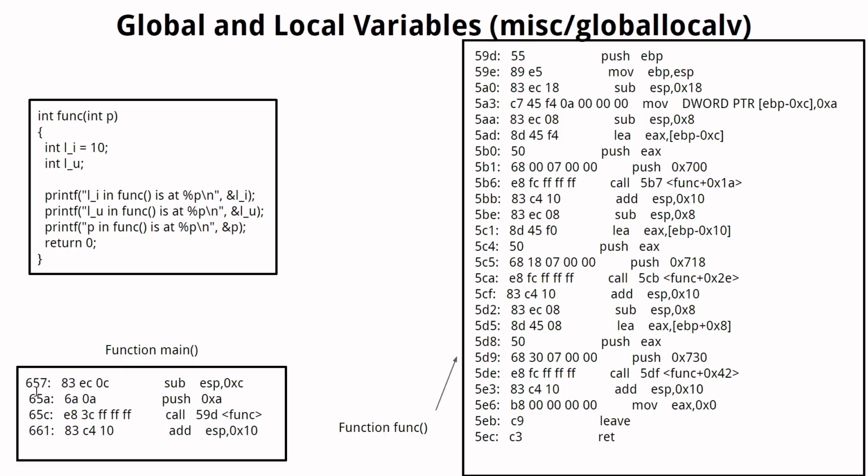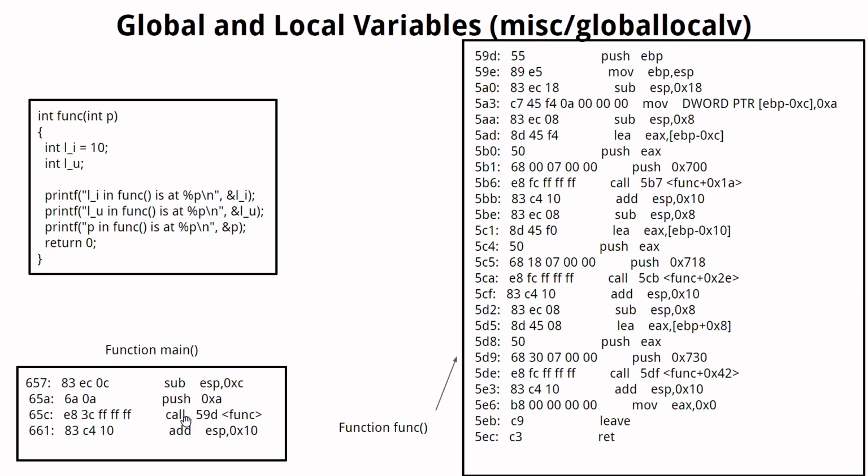So what is 10 in hex? A, right? So 10 in decimal is A in hex. That's why there is a push A there. That's actually passing the parameter 10 to the function, and that passing is using the stack. Then we're going to call this function.